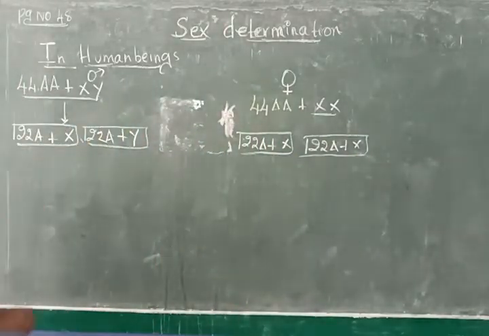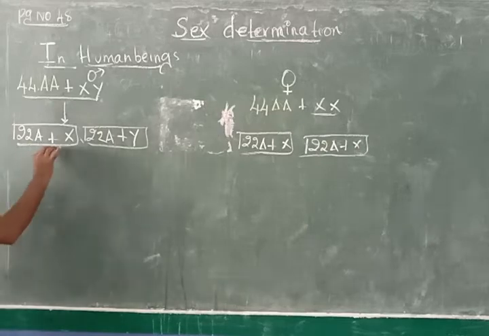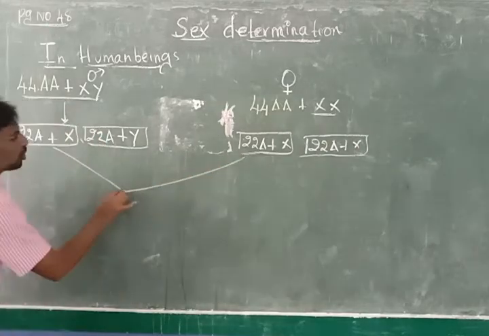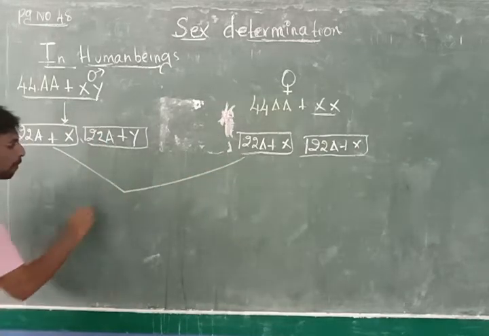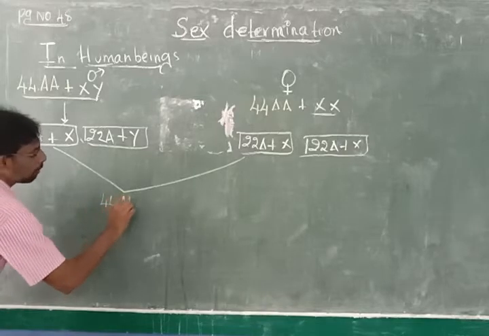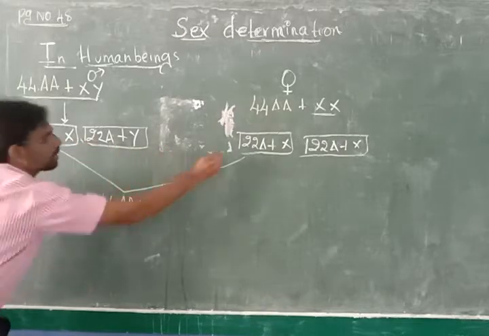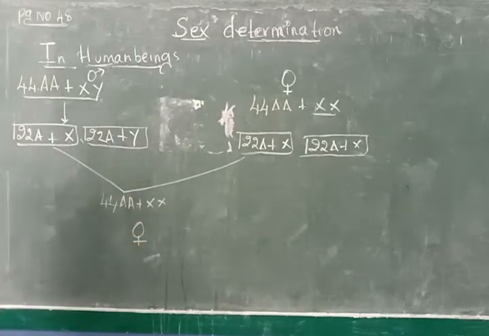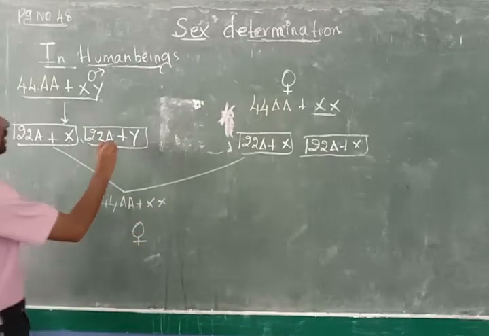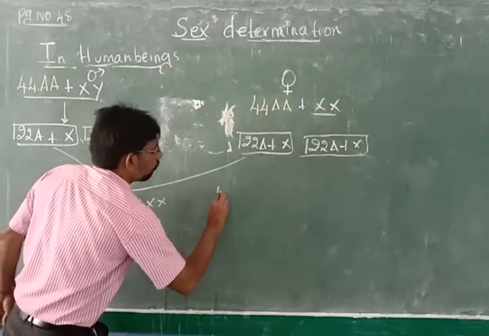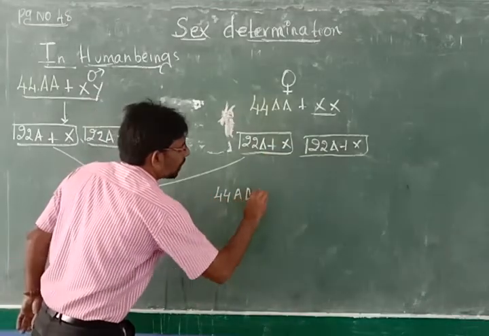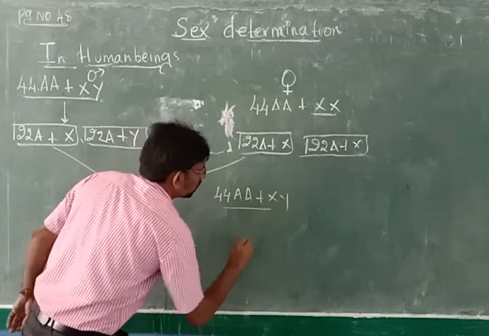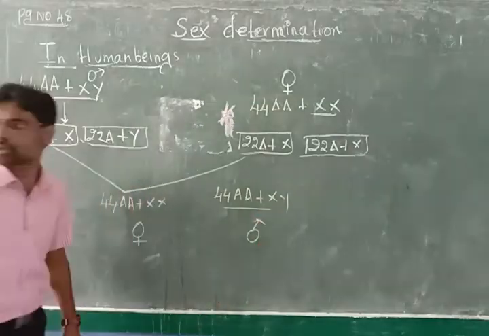Okay, so now when the offspring is formed, there are 50% chances that this and this join together to give you 44 autosomes plus X and X. So it is a female. Now another, this one and that one join together, again 44 AA plus X and Y. So this is male chromosomes.